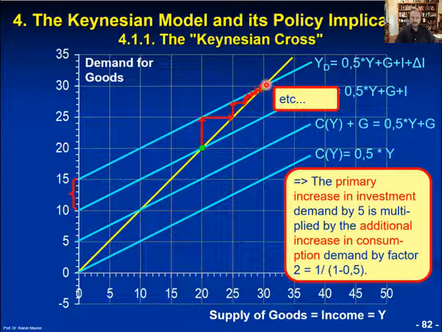This step-by-step graphical analysis clearly shows the important role of the Keynesian consumption function. Keynesian consumption function boosts an initial increase in demand, in this case by 5 units, to a final increase of 10 units. So the Keynesian consumption function has the effect of a fortifier or a booster.